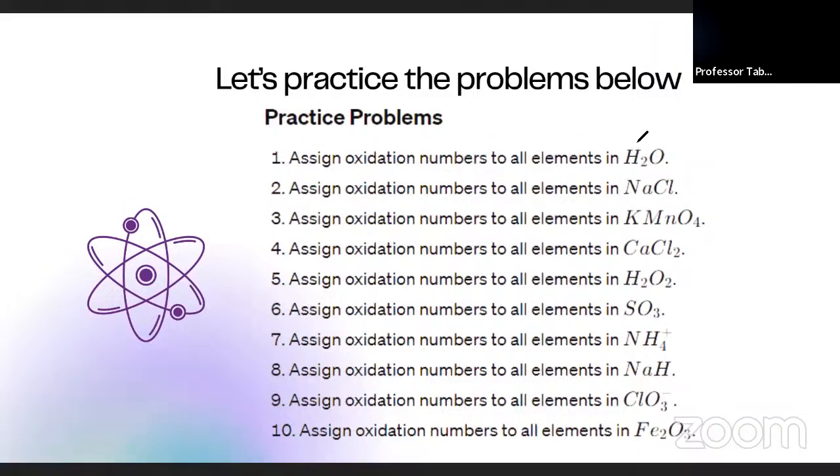Well, I know that hydrogen has a +1 charge and oxygen has a -2 charge, because of where it's located on the periodic table. Again, if we go back to those rules, that will help.